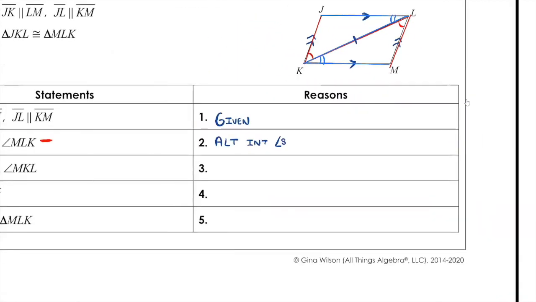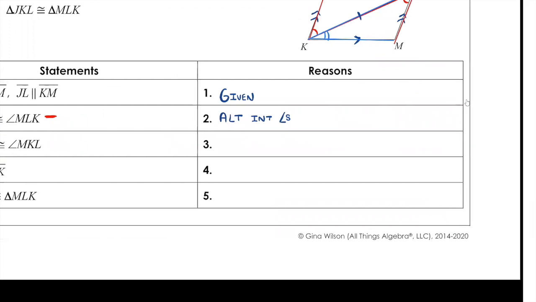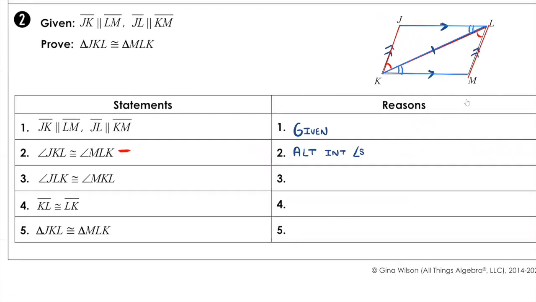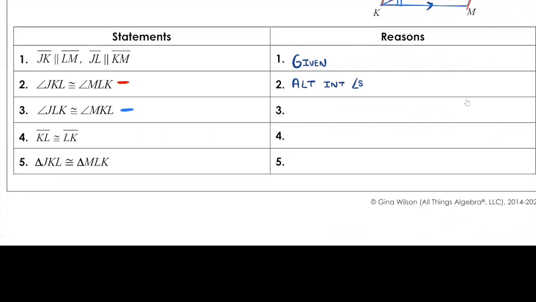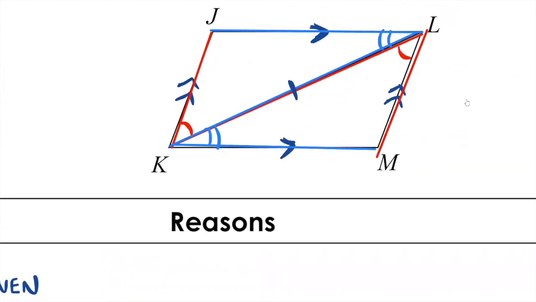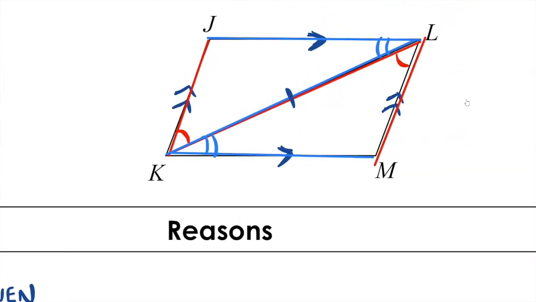Okay? What allowed us to say our light blue angles, JLK and MKL, are congruent? Same thing, alternate interior angles. So if we look at our diagram, the light blue line on top, JL, and the light blue line on bottom, KM, those two are parallel.